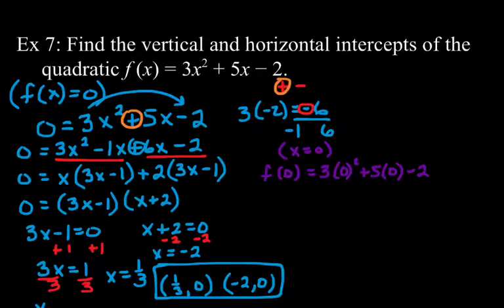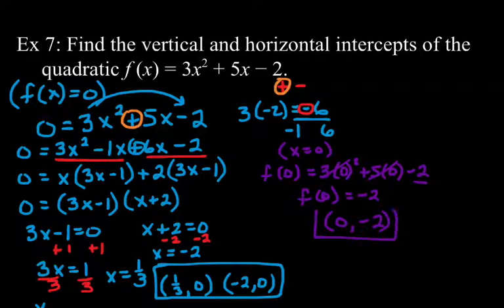When it's in standard form like this it's really easy because this cancels to be 0 and this cancels to be 0, and all we have left is negative 2. So f of 0 equals negative 2, and that means our intercept is 0, comma negative 2. So that is the vertical intercept.